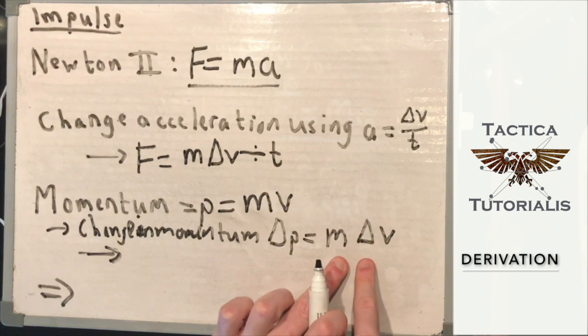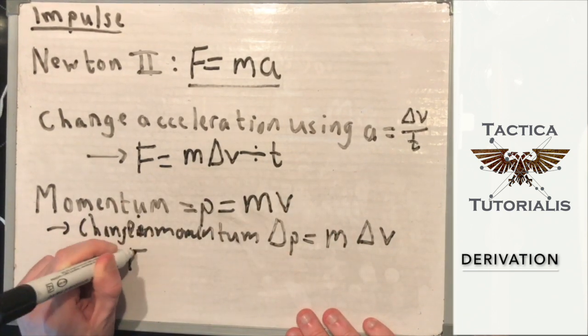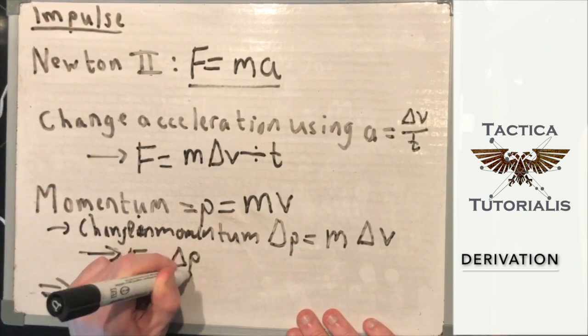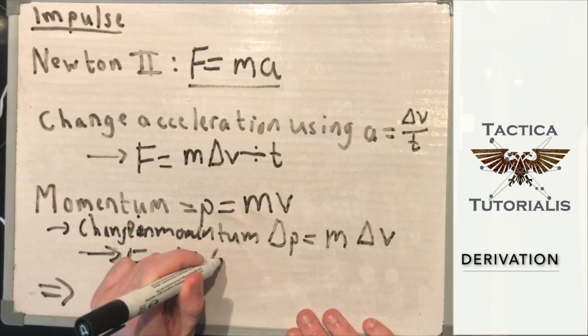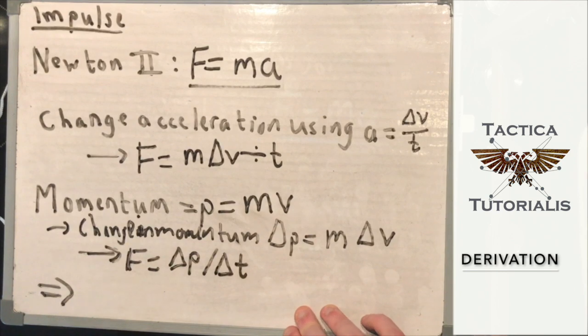So we can now plug this into here and say that F is equal to delta p over delta t.